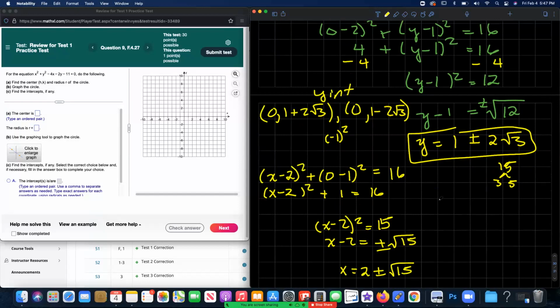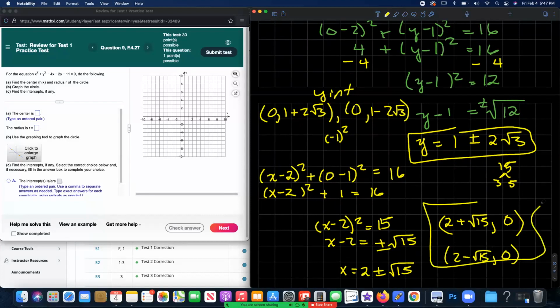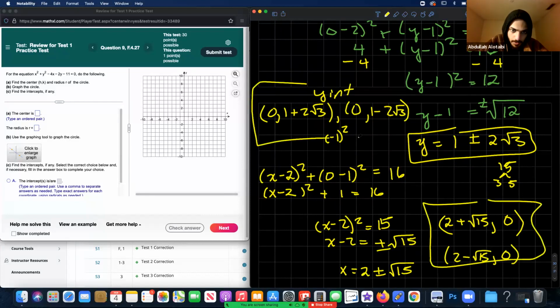And so if we put it all together, we end up with 2 plus root 15, comma 0, and 2 minus root 15, comma 0, because our y value is 0. And these 4 are your intercepts.